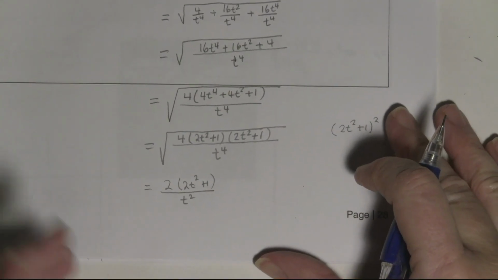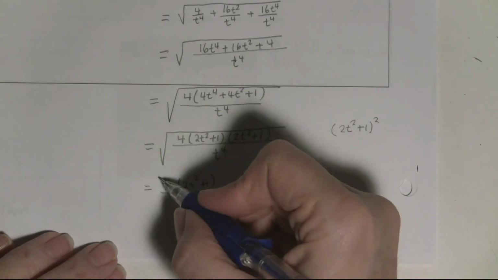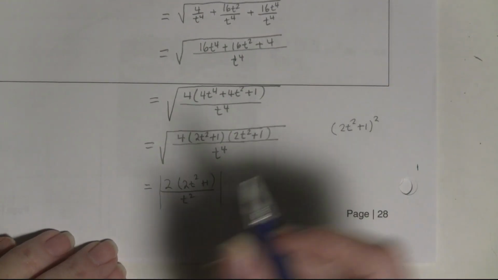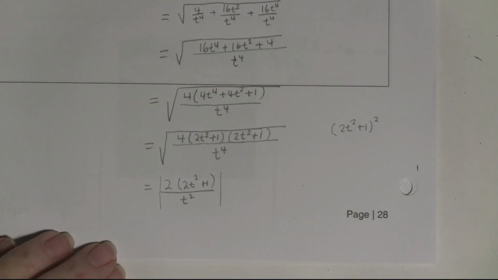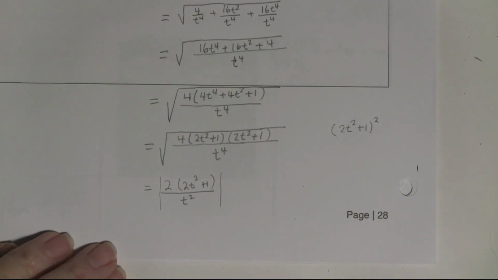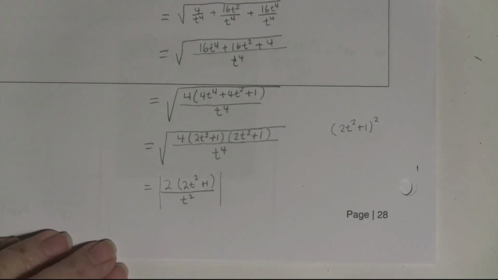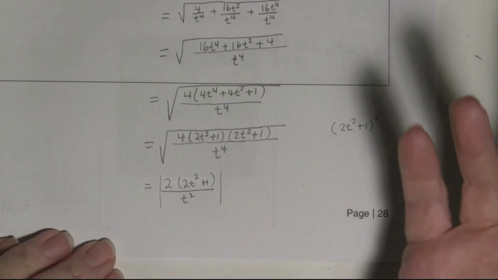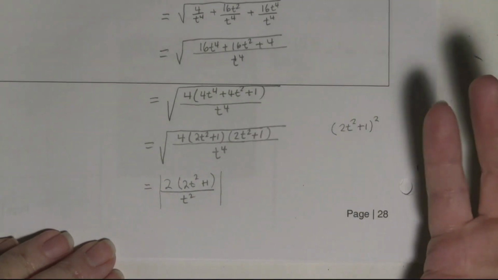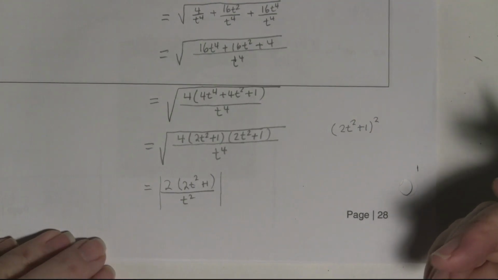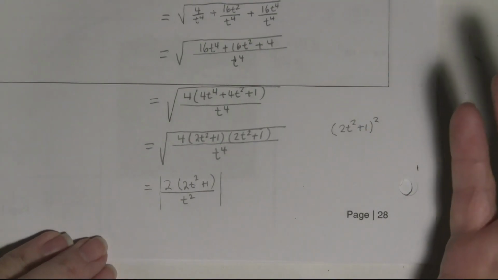And we're not tempted to put the absolute value around it, because everything's positive, because of t squared and all of that good business. You're saying, but you haven't done the whole thing, and you're totally right.